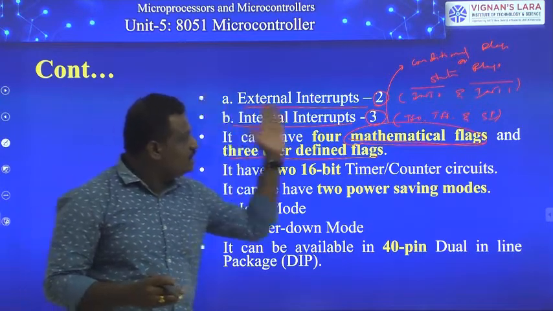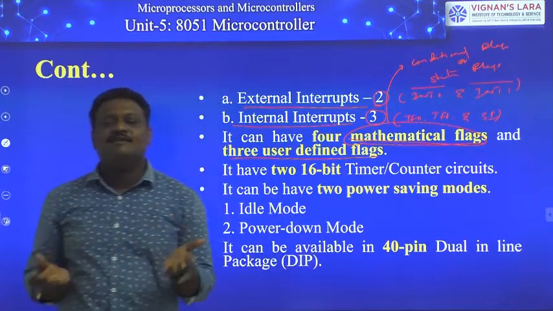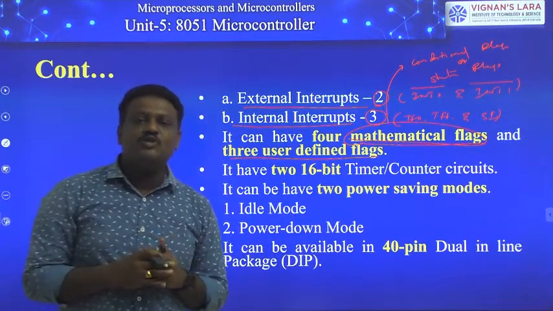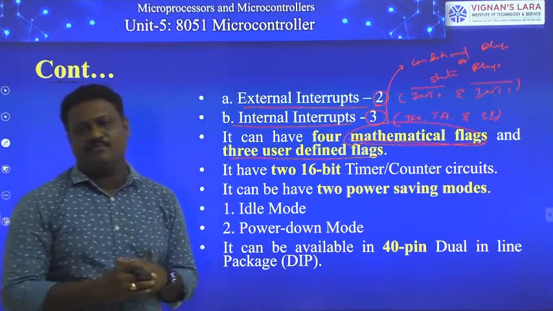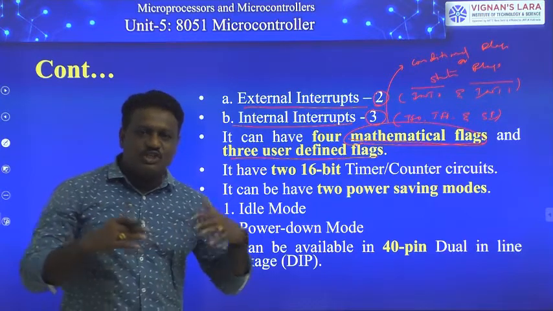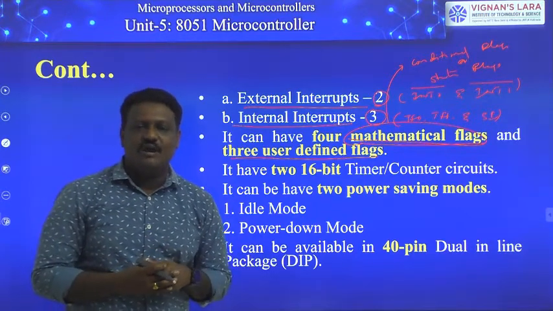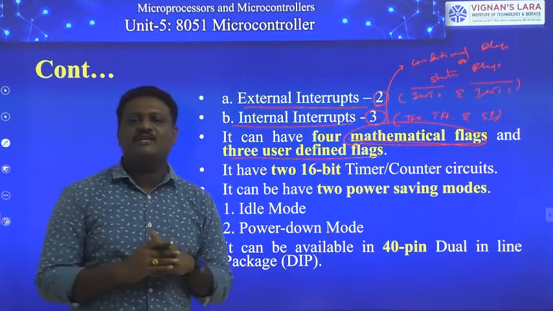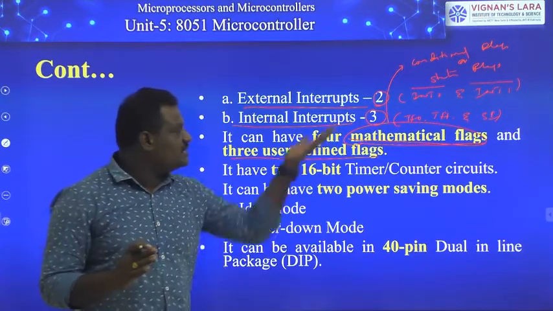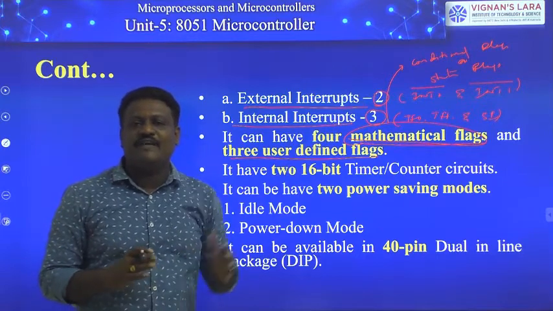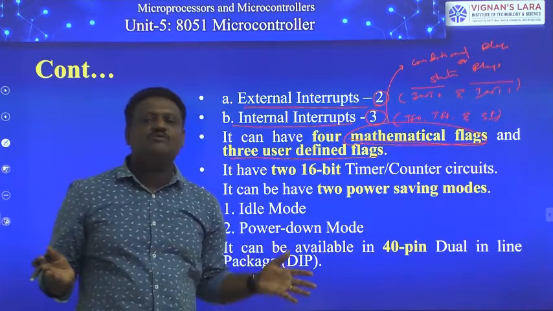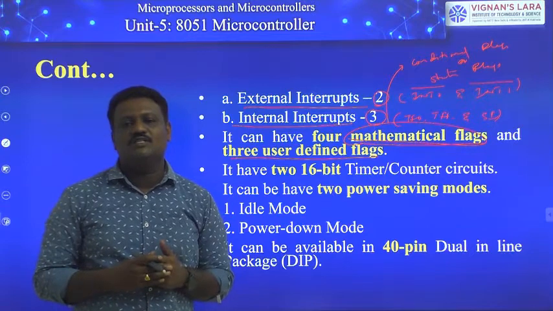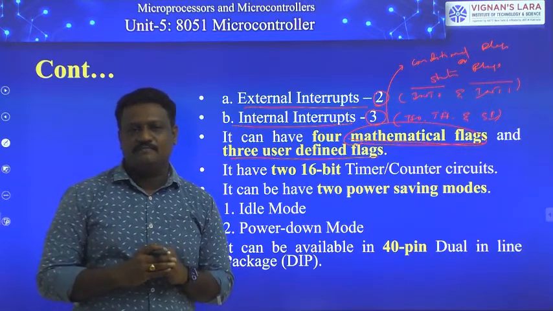That means these 4 flag values are automatically set or reset based on the result produced by the execution of some mathematical or logical instructions by your 8051 microcontroller. These flags change to logic 1 or logic 0 automatically.